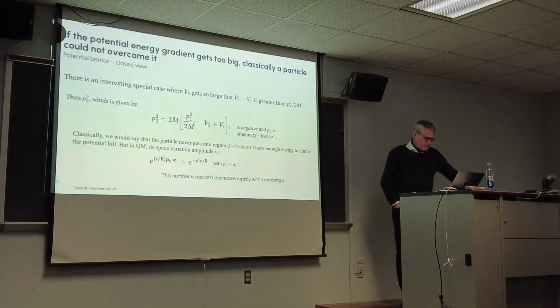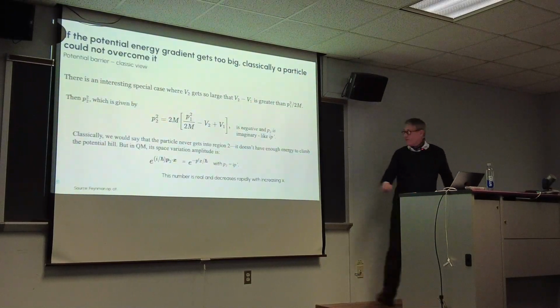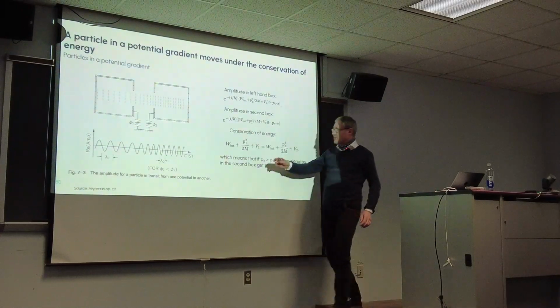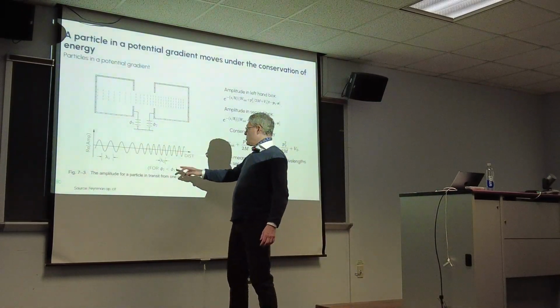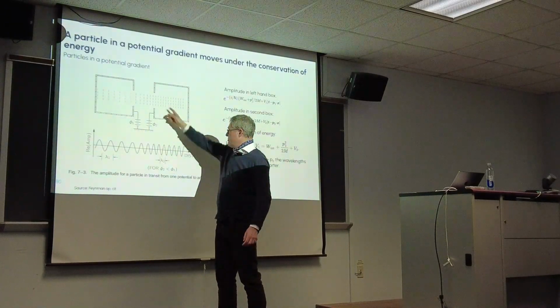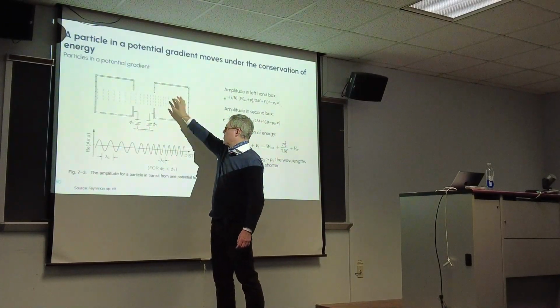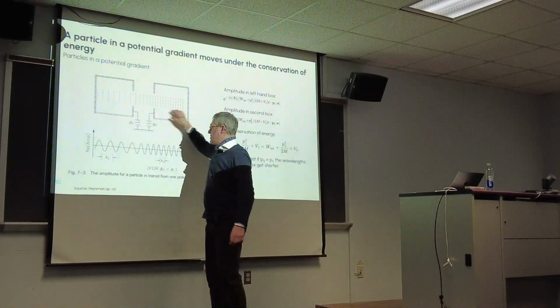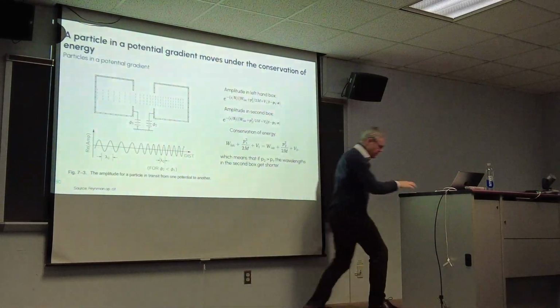And classically, we would say that the particle... These are two regions of potential, right? Of course, the potential phi2 is higher than the potential phi1. There's higher potential here and lower potential here. And because of the higher potential, we get the acceleration. I think I didn't explain this well last time.